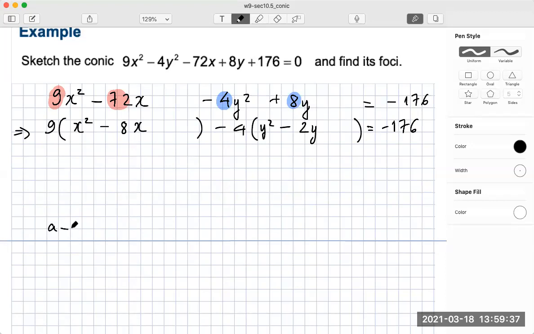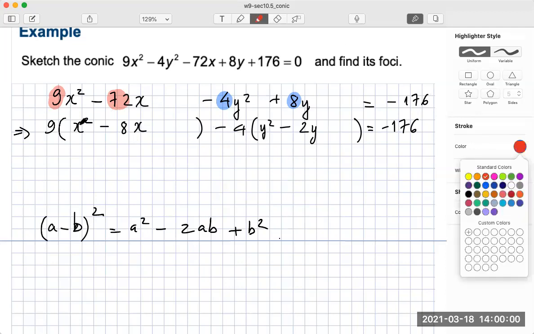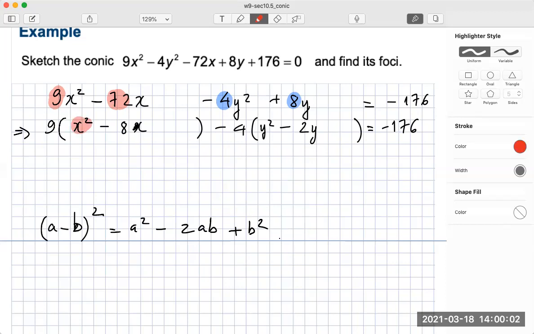Remember, a minus b squared will be plus, okay. Look at this. This is x squared, right? And something times x here.